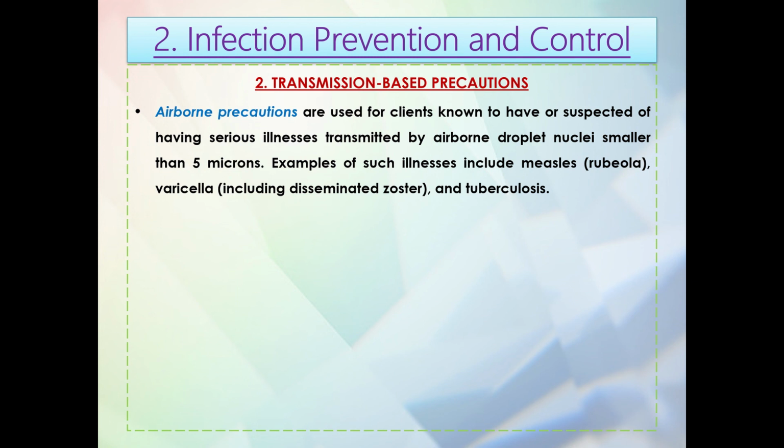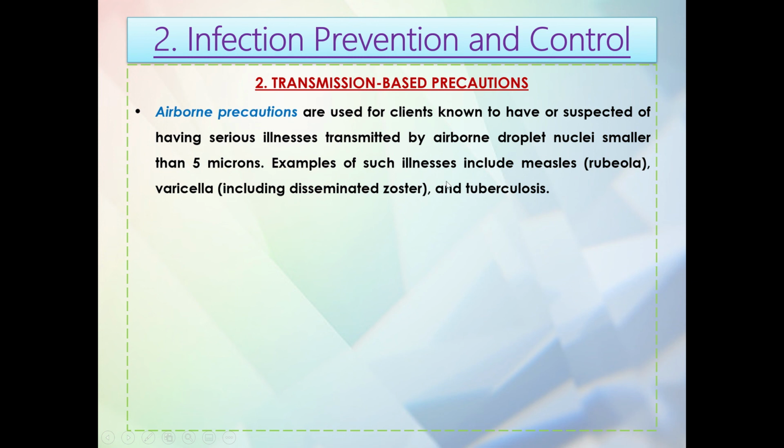First one is airborne precautions. So when you say airborne precautions, these are used for clients known to have or suspected of having serious illnesses transmitted by airborne droplet nuclei smaller than 5 microns. So this is again, yung nuclei ng microorganism, yung kanyang airborne droplet is smaller than 5 microns or less than 5 microns.